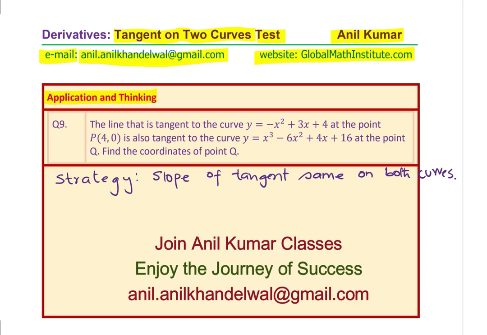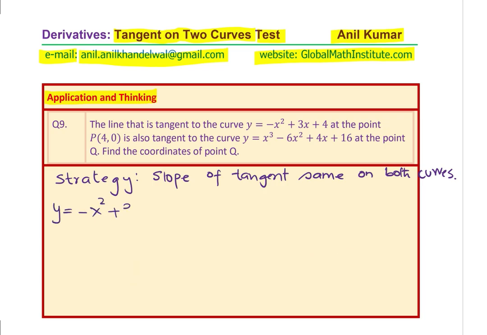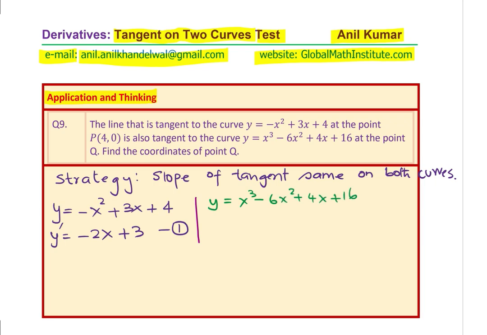So let's do the very first one, which is y equals minus x squared plus 3x plus 4. So the derivative of this function is minus 2x plus 3. So that gives us one equation. The second equation is y equals x cubed minus 6x squared plus 4x plus 16.